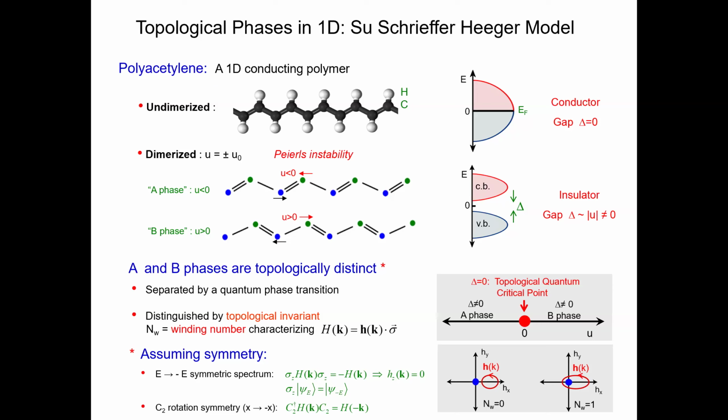This particle-hole symmetry is an artificial symmetry. It's a symmetry of a simplified, cartoon-like model that we write down, but in real polyacetylene there's no zero of energy. The zero might be somewhere in between the conduction band and the valence band, but there's no meaning for the energy to be exactly zero.